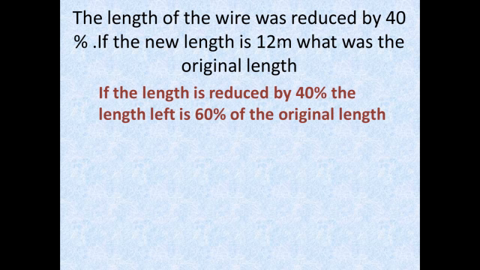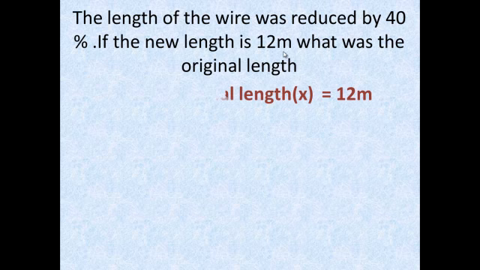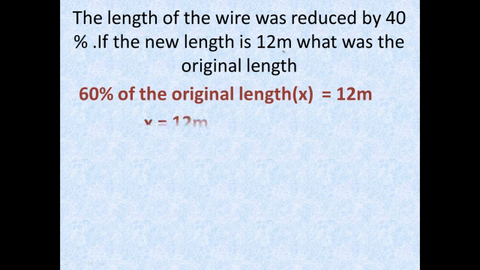So your equation will be 60% of the original length x is 12 meters. 60% means decimal 0.60x is 12.